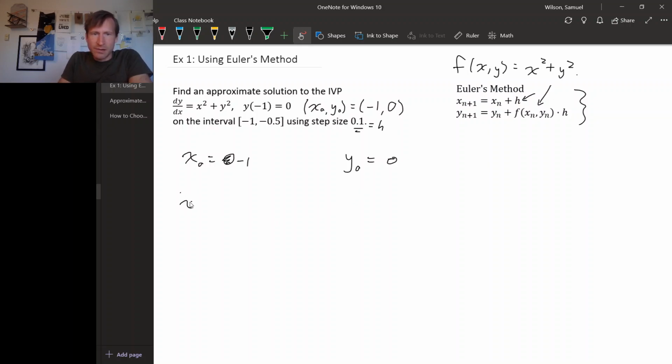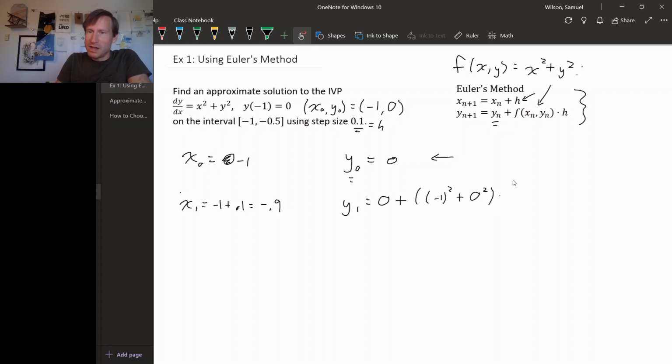So x sub 1 is minus 1 plus our step size, 0.1. So that's negative 0.9. And then y sub 1 is we take our old y value from the previous line, so that's 0, plus, and now we evaluate our function using the previous x and y values. So we have our x value, minus 1, squared, plus our y value, squared.